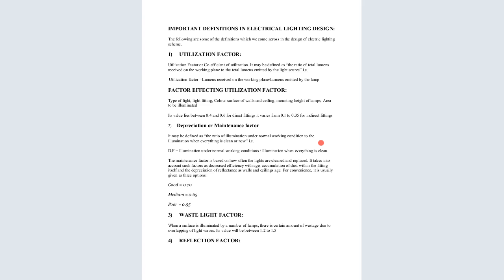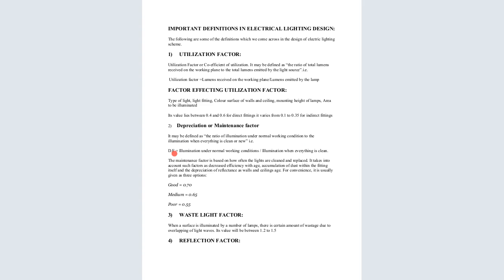Important definition number 2 is the depreciation or maintenance factor. It may be defined as the ratio of illumination under normal working conditions to the illumination when everything is clean or new. That is now called the depreciation or maintenance factor.